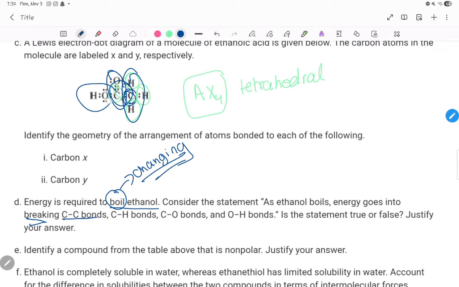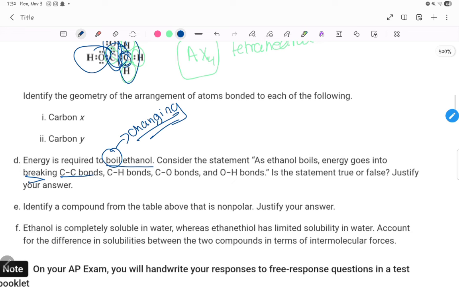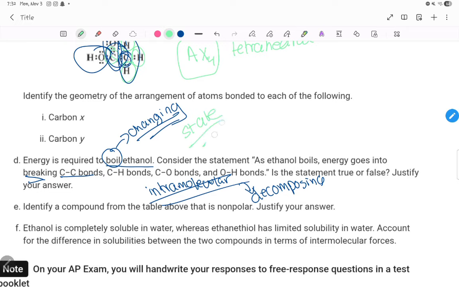So these are intramolecular. Whatever they're describing is intramolecular, and we only break the intramolecular bonds whenever we are decomposing. But in this scenario, we are not decomposing, we are changing the state. So whenever we change the state, we focus on the intermolecular bonds.